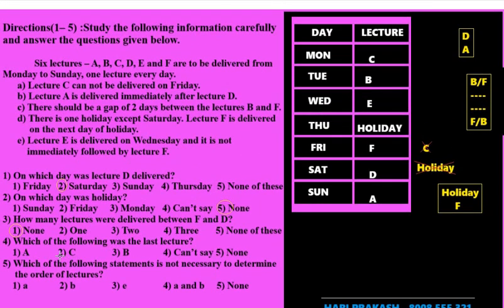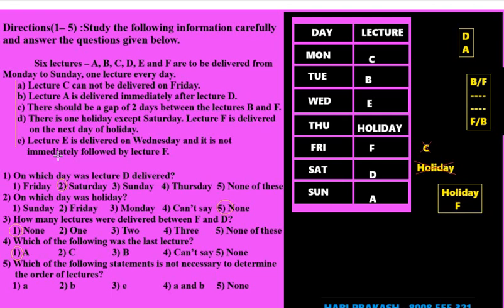The following was the last lecture. Lecture A is the last lecture. We know that lecture A is the last lecture. And the important question now, the last one is, which of the following statements is not necessary to determine the order of the lectures? Among these 5 points, which point did you not use actually? Just go through the table once.